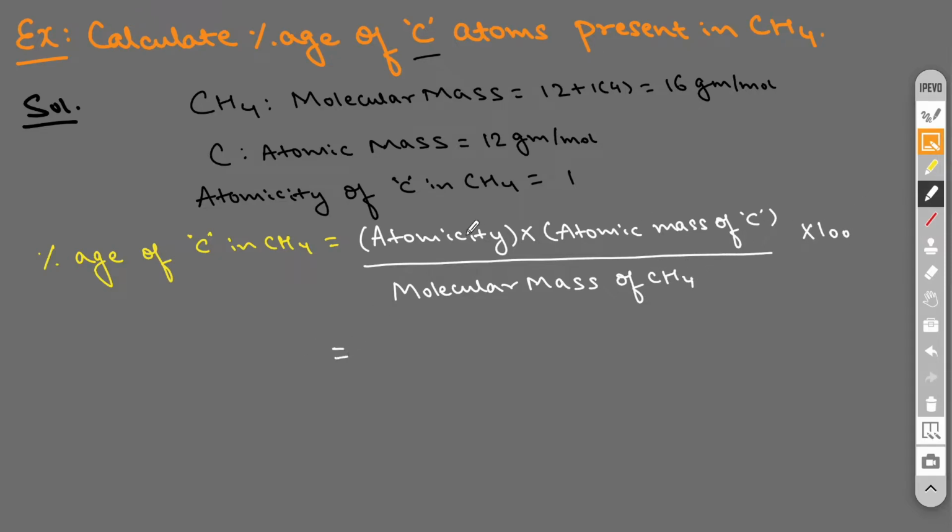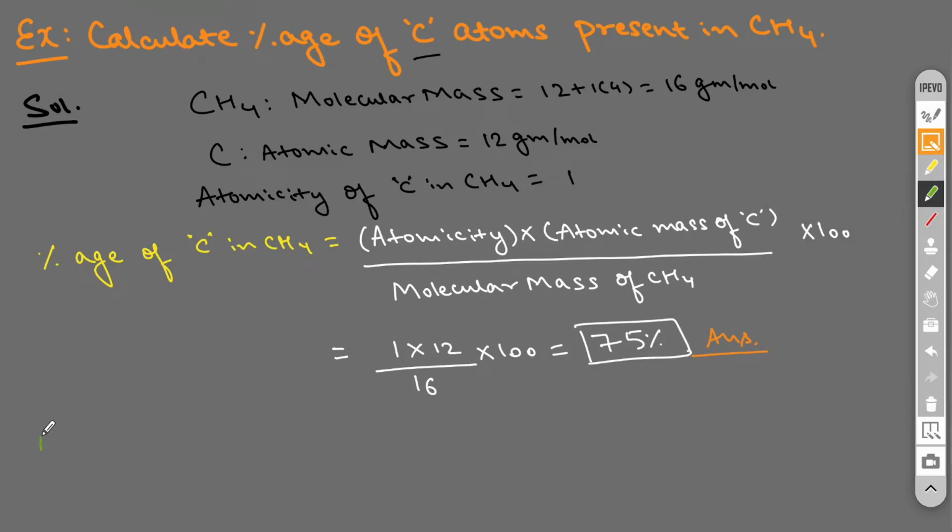Now simply putting the values. So this is 1 atomicity. Atomic mass of C is 12 gram per mole and this is 16 gram per mole multiplied by 100. On solving it will come out to be 75%. So this is the answer.